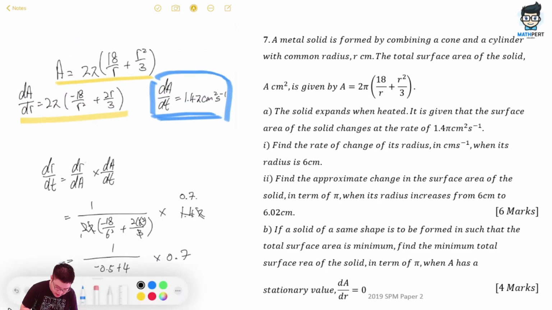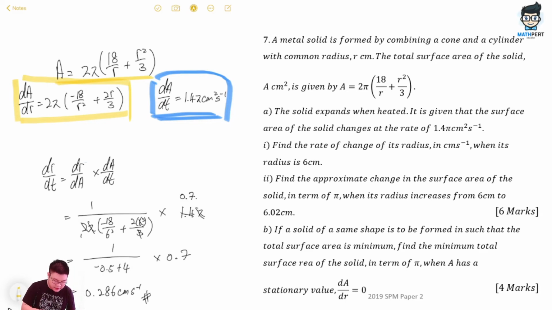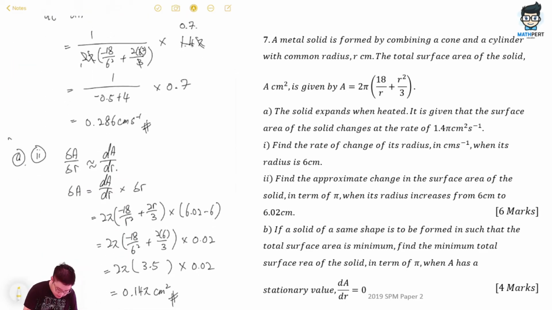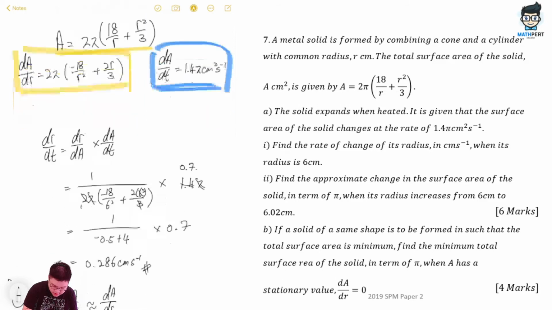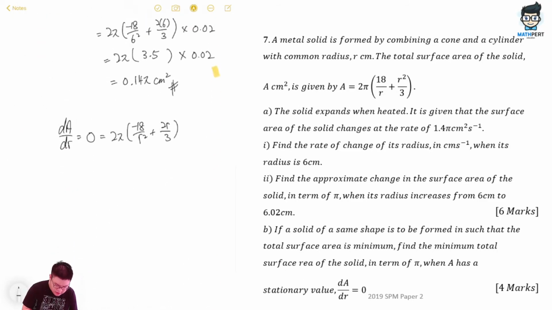Okay, so what is dA over dr? Okay, dA over dr is here, the yellow color box that we got previously, is 2 pi minus 18 over R square plus 2R over 3, isn't it? Yes, correct. So this whole equation is equal to 0.